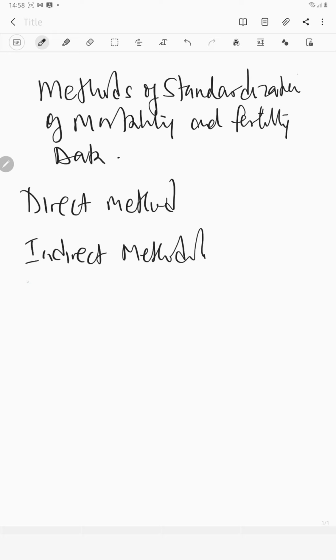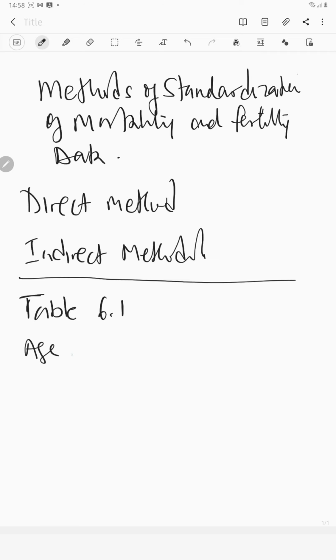For example, if you check in table 6.1, we have got the age group, and we have got those in group 1 and those in group 2, and we have got the ratio.